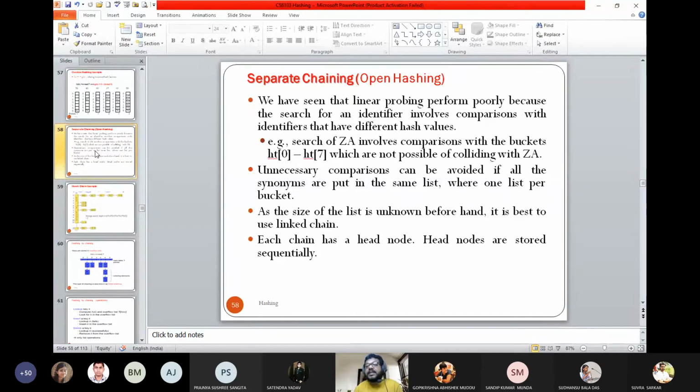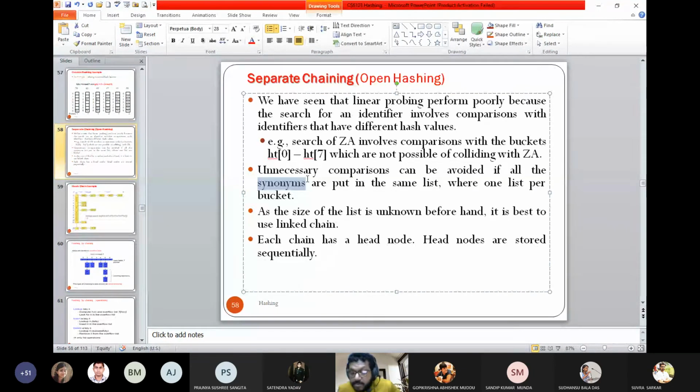We have seen that linear probing performs poorly because the search for the identifier involves many comparisons. These are certain drawbacks. Unnecessary comparisons can be avoided if all synonymous keys are put together. This word, I think, will be meaningful. We can say any two keys are synonymous corresponding to a hash function h if h of x1 is equal to h of x2, or h of x1, x2, x3 are all equal.